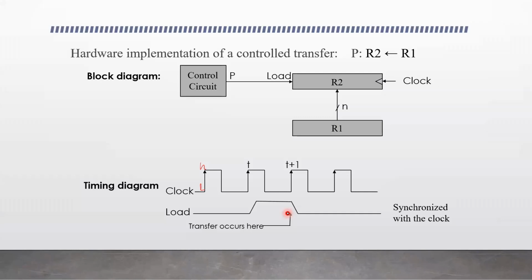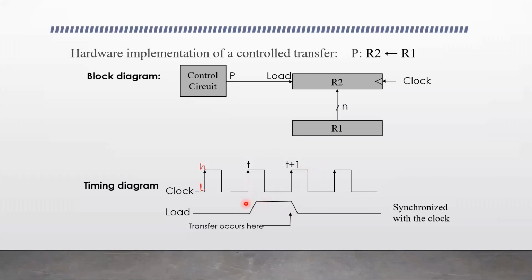We initiate a control variable, and the control circuit defines the value of p, the control variable. Depending on the value of the control variable, the operation has to be performed. Here our operation is to perform this transfer when the value of p is equal to 1. So when it is 1, we use a clock cycle to trigger this operation.